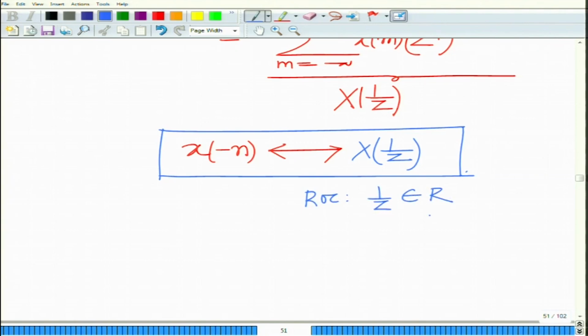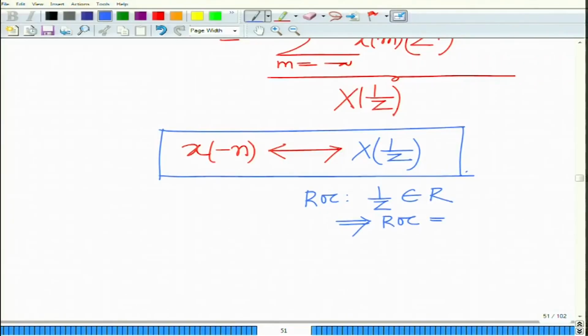So, for the Z transform to converge, remember the Z transform x of z converges where z belongs to R. So, since this is x of 1 over z, we must have for convergence 1 over z belongs to R, which means the ROC must be equal to 1 over R, that is, the ROC R tilde equals basically all elements t such that 1 over t belongs to R, that is the inverse of all the elements in R, possibly with the exception of 0, because the inverse of 0 does not exist.